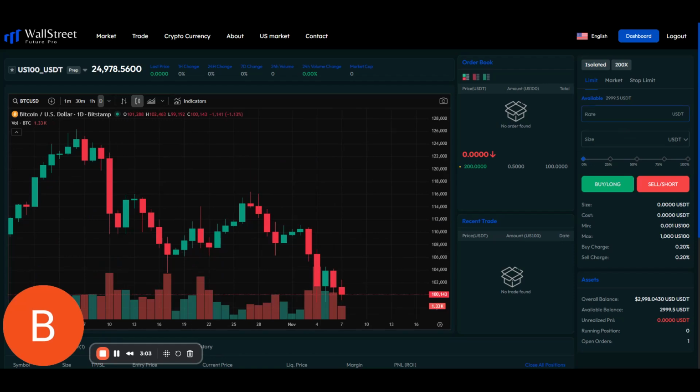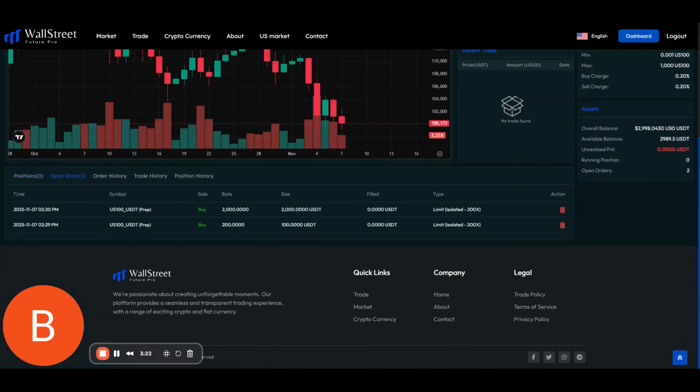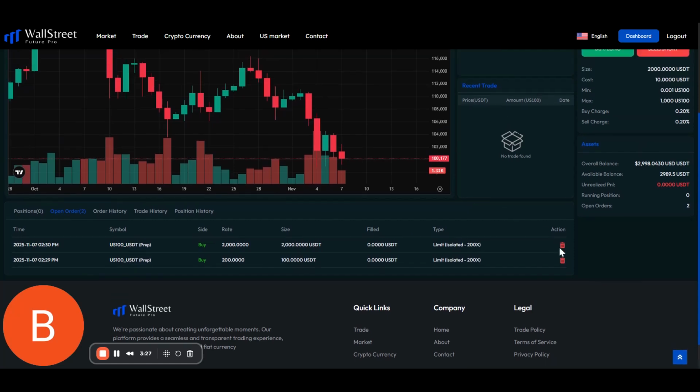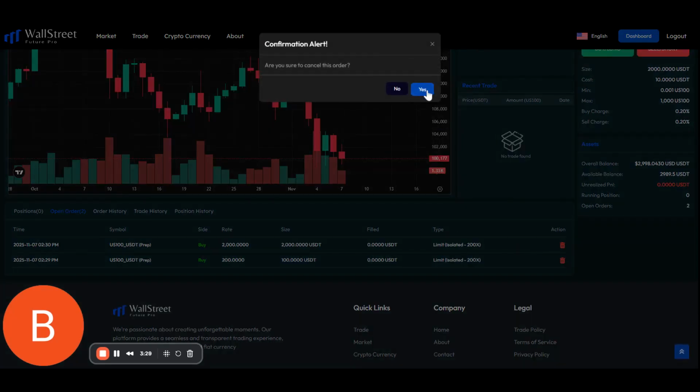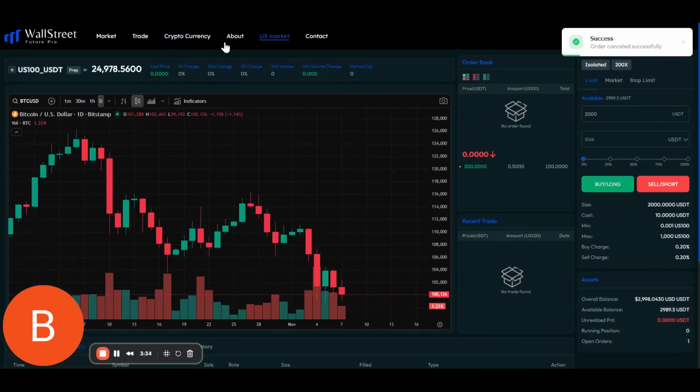I would go over and buy for the 2000, and the size is also 2000. Let me buy it. As you can see, I got the two orders over here. One is from this, and one is from the cryptocurrency thing.